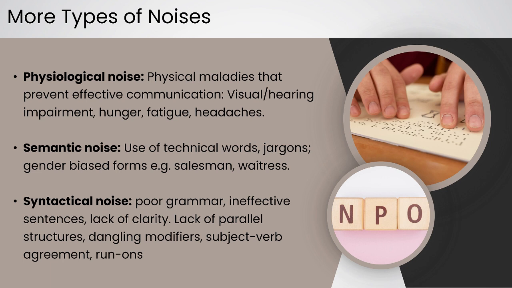You can get a headache, which will affect your understanding of the message. Sometimes because you have a visual impairment, you can't even see the slides in the class because your eyes need help. Or sometimes you have hearing issues. So that is physiological noise.